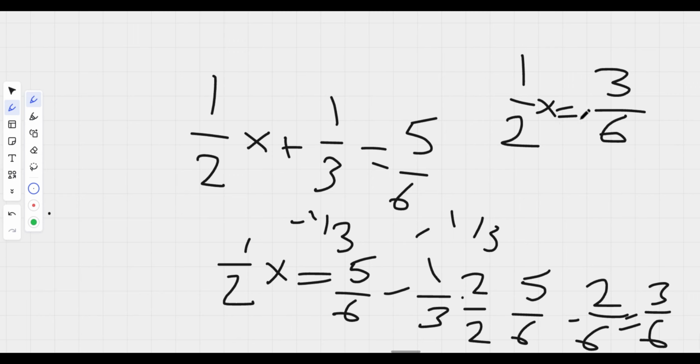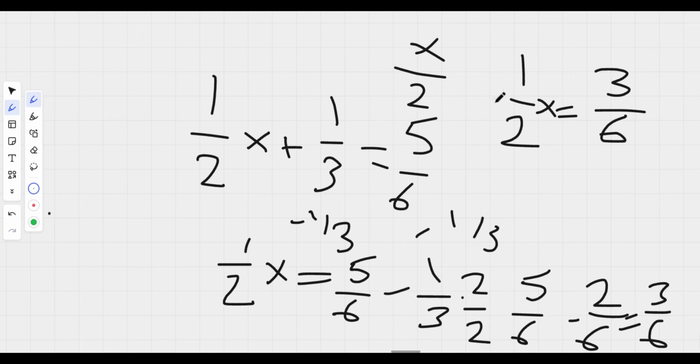But what are we going to do here with a 1/2? We can't just divide it by 2, because this is already saying 1 divided by 2 times x is equal to 3/6. Dividing it by 2 will not get rid of this 1/2. Well, this is ideally just saying x over 2, x divided by 2.